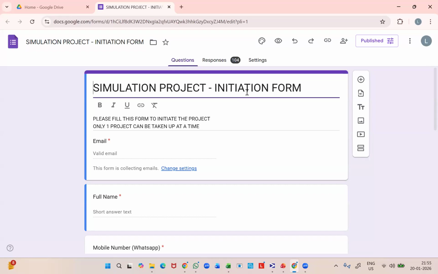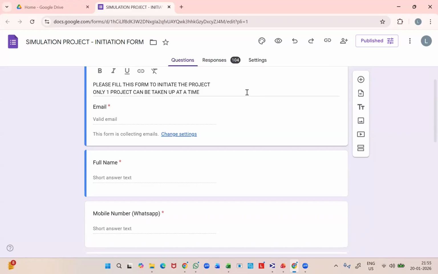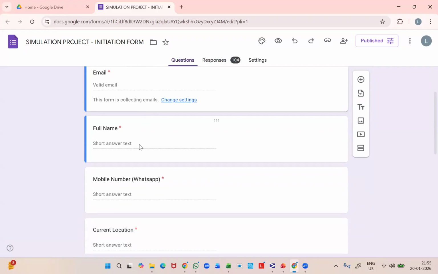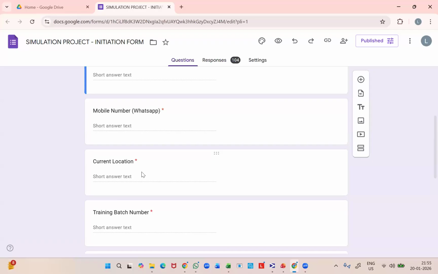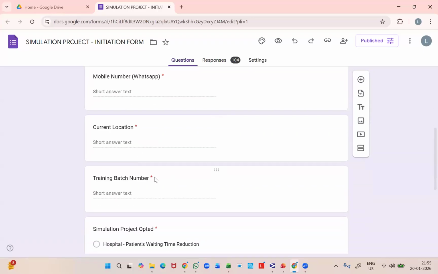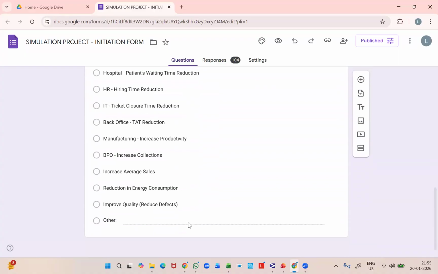This is a very simple form which should not take more than 5 minutes for you to fill in. You need to update your email, your full name, your WhatsApp number, your current work location and the training batch number. This training batch number is 557. And then we need to choose the project that you have opted.